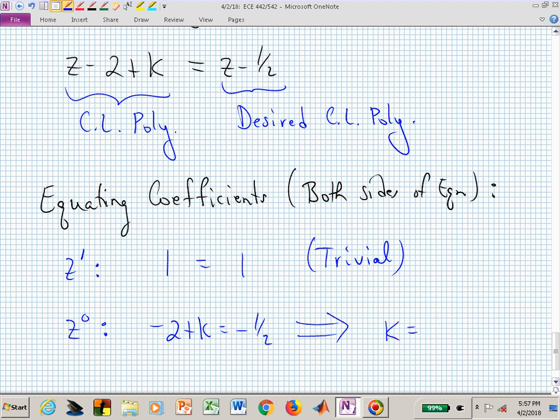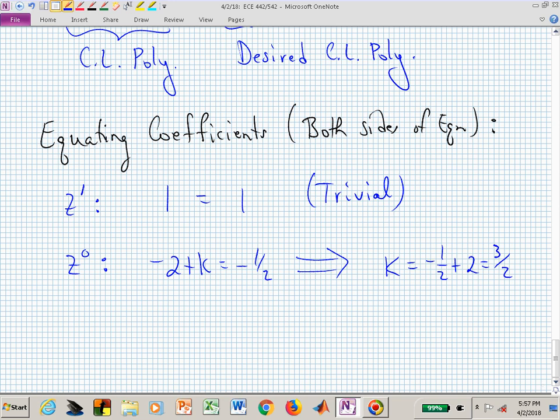K is now equal to minus 1/2 plus 2, or 3/2, and that's what we had already determined. That if we cranked up that knob, k, from nothing all the way up to 3/2, we would push that closed loop pole into the unit circle and locate it right at 1/2, z equal to 1/2.